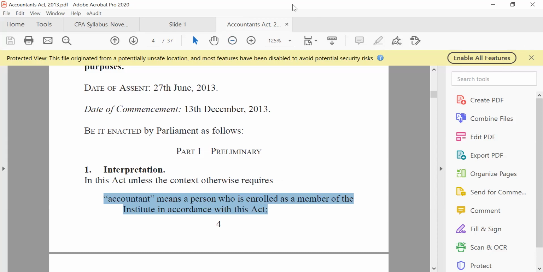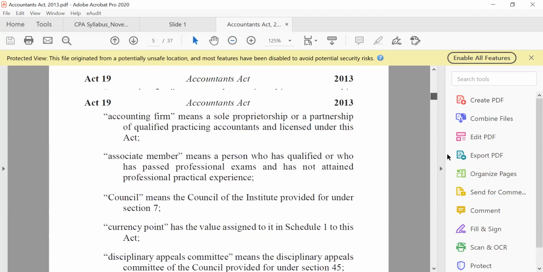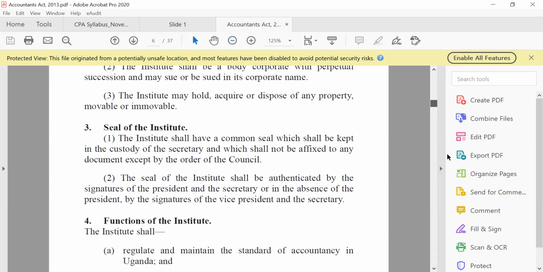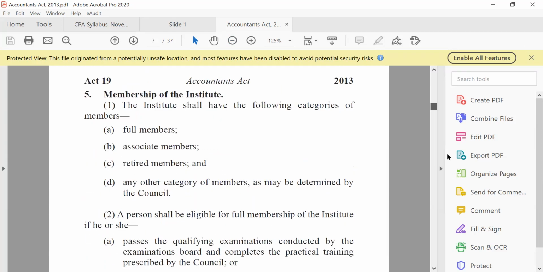That is an accountant. Now, there's a keyword here, member. Now, this again has a definition of who can become a member.